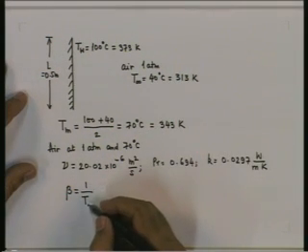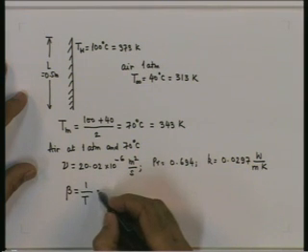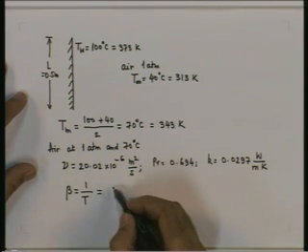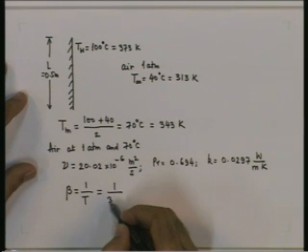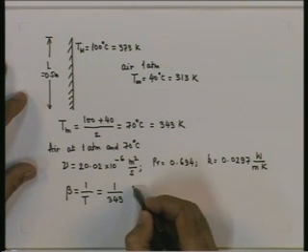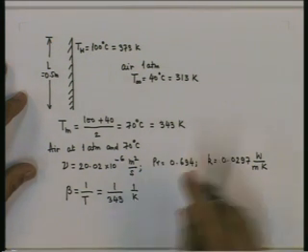This would be now the mean film temperature in Kelvin, and this turns out to be 1 over 343 units of 1 over Kelvin.